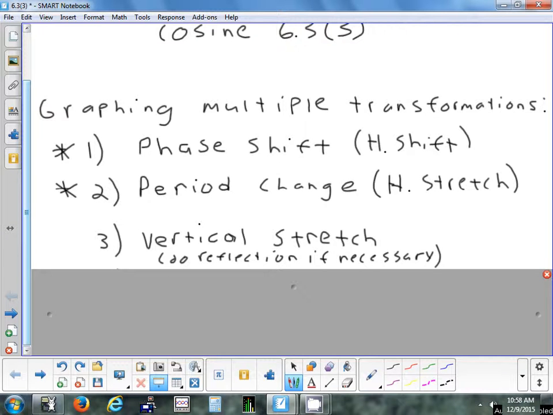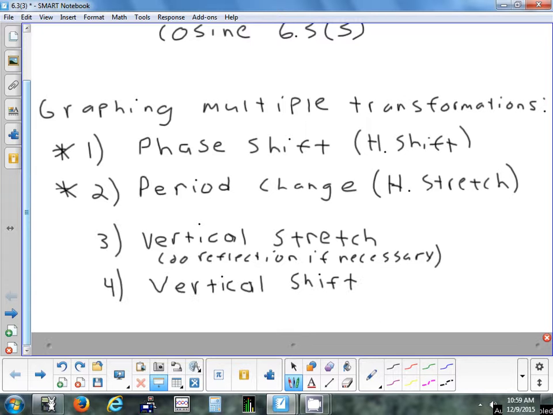It doesn't really matter if you stretch and then reflect or reflect and then stretch. They're both step 3, and as long as you do them together, the order doesn't really matter. And then after we do our vertical stretch, what's the last thing? Vertical shift.